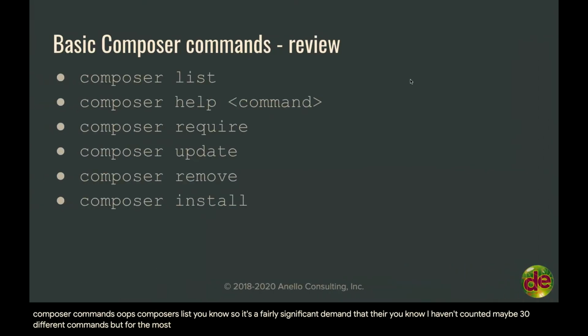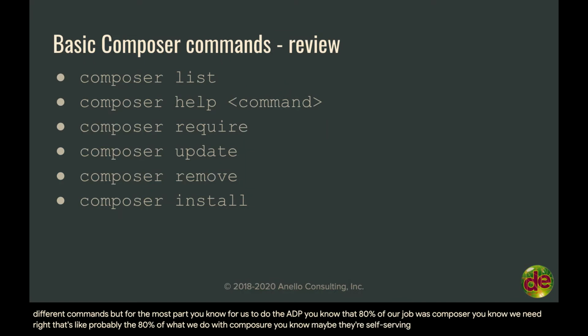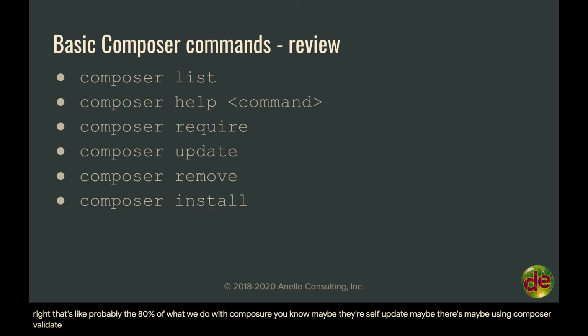But for the most part, for us to do the 80% of our job with Composer, we need require, update, remove, and install. Right? That's probably the 80% of what we do with Composer. Maybe there's self-update, maybe you're using Composer validate, but most of the time, you're requiring, you're updating, you're removing, and you're installing. You can almost remove the third one and have require, update, and install be your 80%.